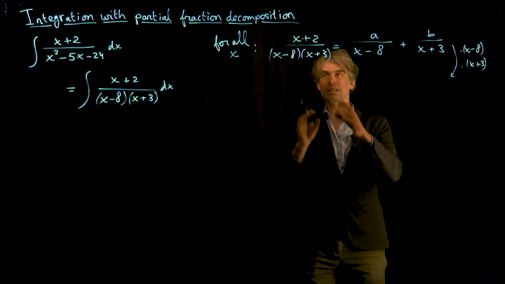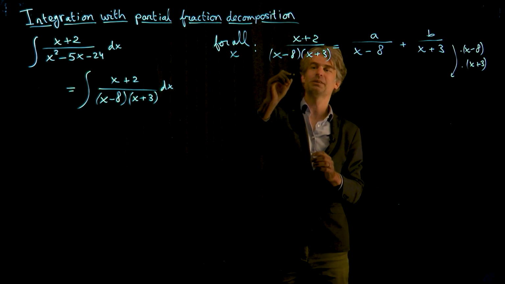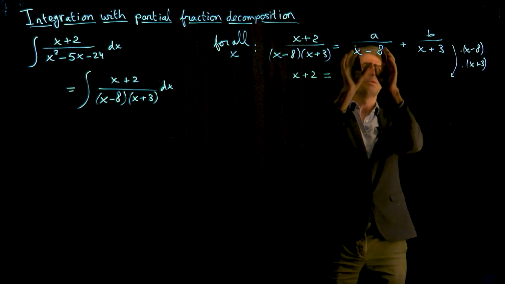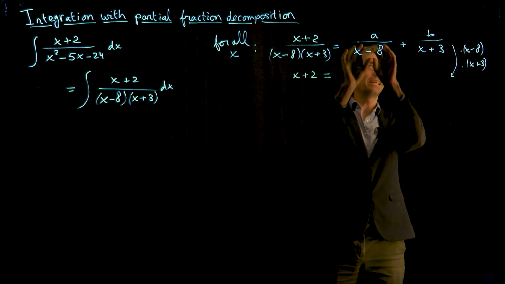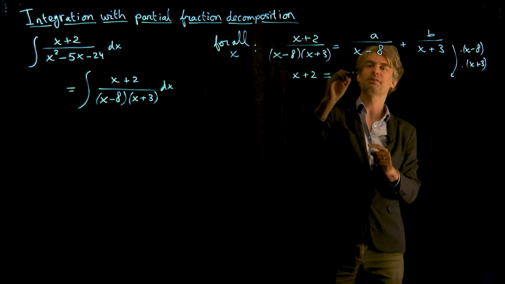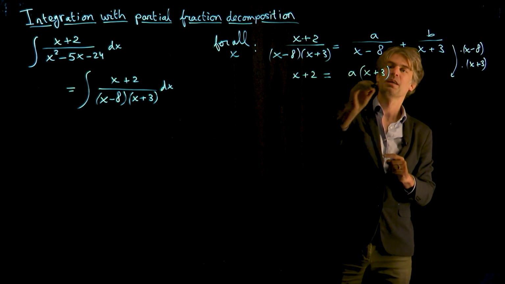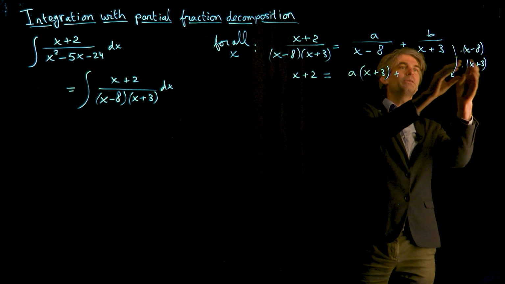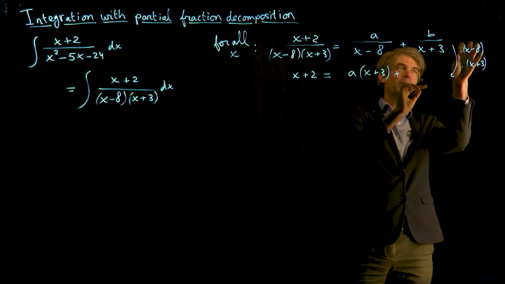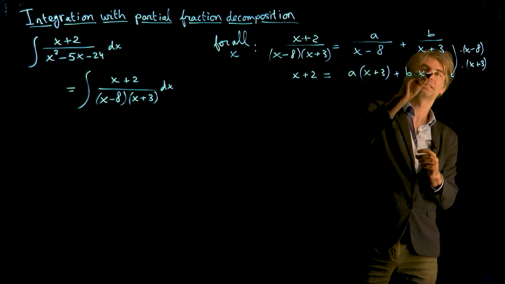On the left, the whole denominator is gone, so we're just left with x plus 2. On the right, the x minus 8 cancels with the x minus 8 in the first term, so we have a, but we still multiply with x plus 3, so we have a times x plus 3. And in the second term, the x plus 3 cancels, we have b left, but we still multiply with x minus 8, so we have b times x minus 8.